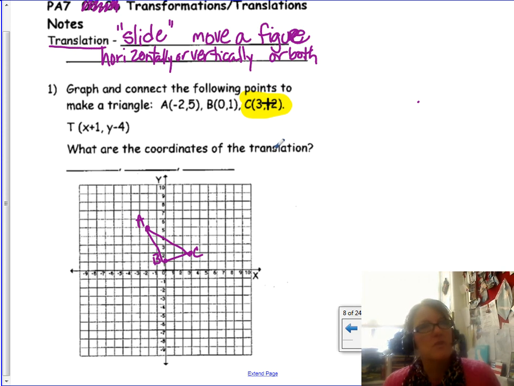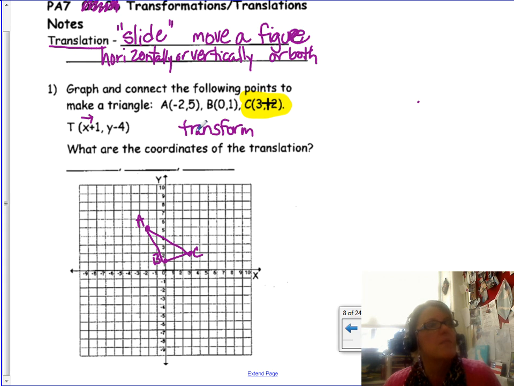Now, in this weird notation, the T means to transform it. And here's how to transform it. You're going to add 1 to the x value of every one of these points. The x is your horizontal movement, so when you add 1, look at your x-axis, you're moving it to the right.